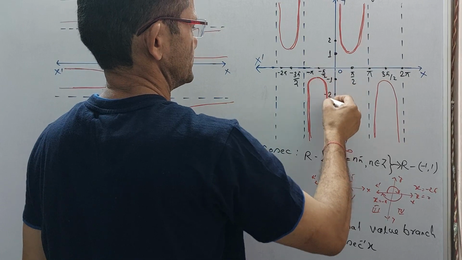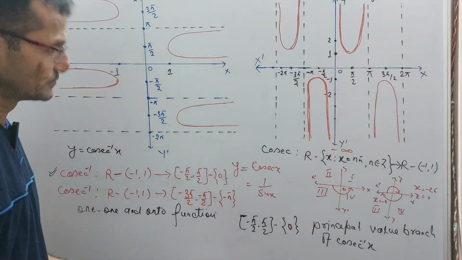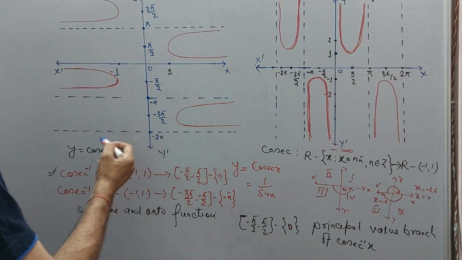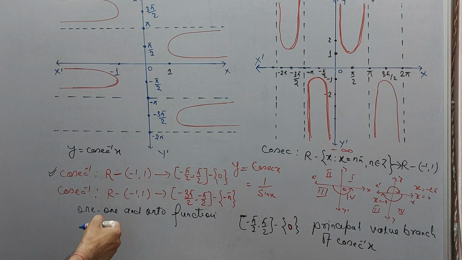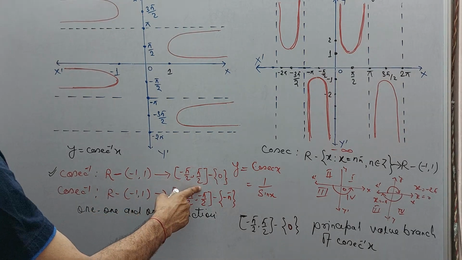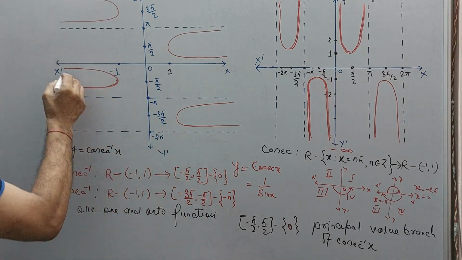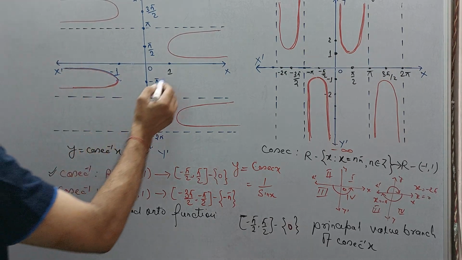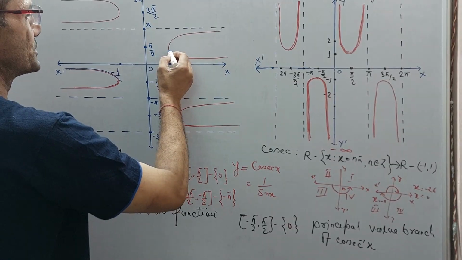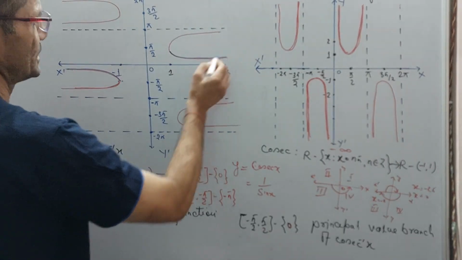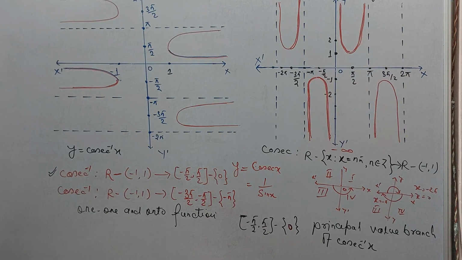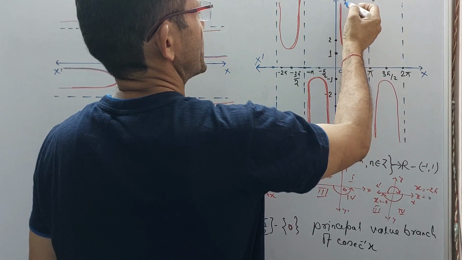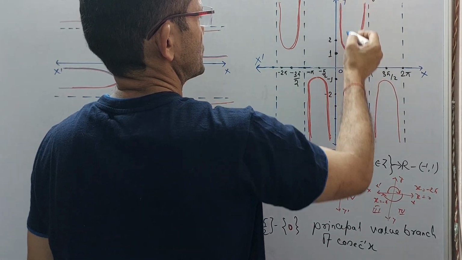This is minus pi by 2 to plus pi by 2. It means that this graph, this portion and again this portion, will be called the principal value branch of cosec inverse x. The corresponding part in the cosec x will be here, this one.